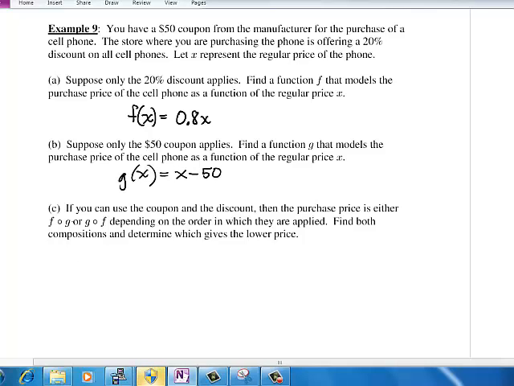So then C is where we get into the composition. If you can use the coupon and the discount, then we either have f circle g or g circle f, depending on the order in which they're applied. So let's look at both compositions. F circle g would be, think about, so the inside function happens first, so that would be the coupon and then the discount.